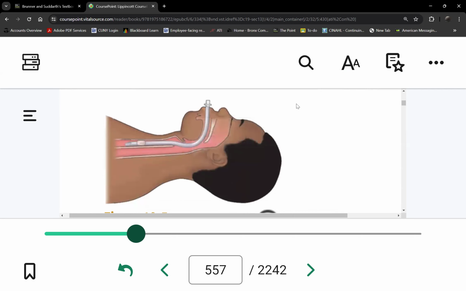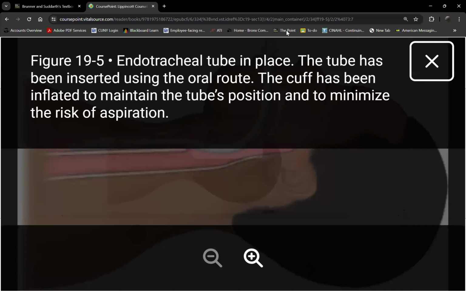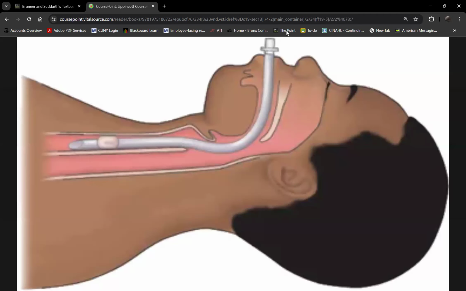All right, so this is the setup. As you can see, it's a plastic tube. How do we insert this? Well, we need another instrument, which is the laryngoscope. It's a metal device which will help us open the airway and then insert the tube. Now, it's not always successful because, as you can see, there are two tubes.